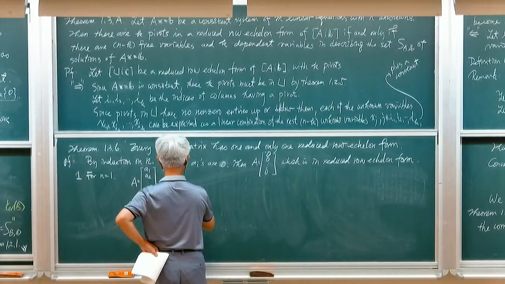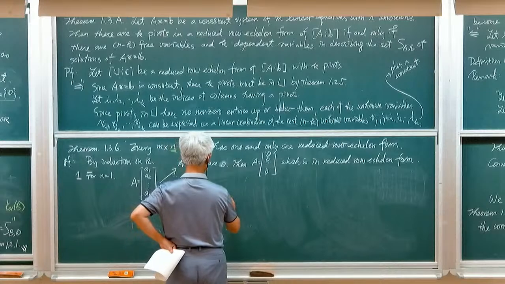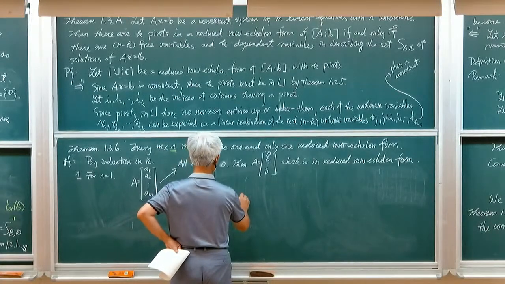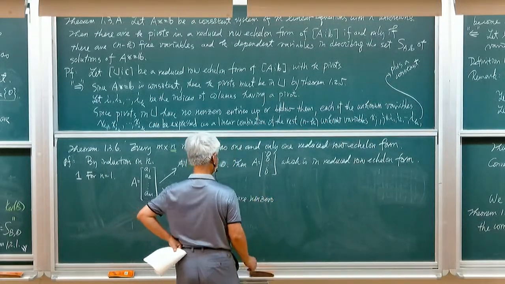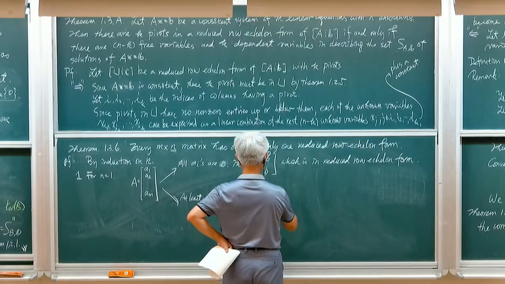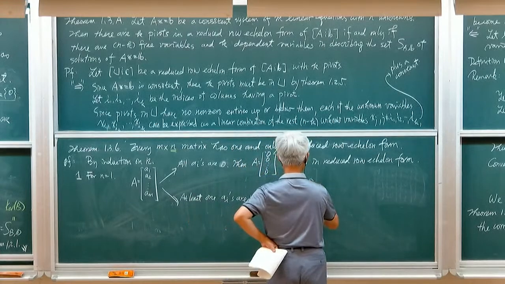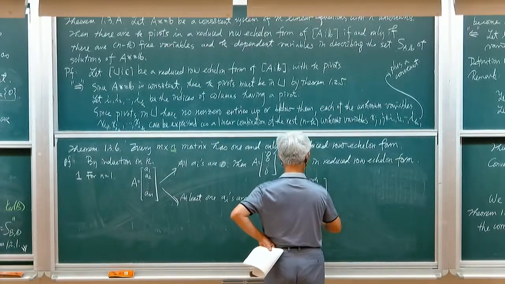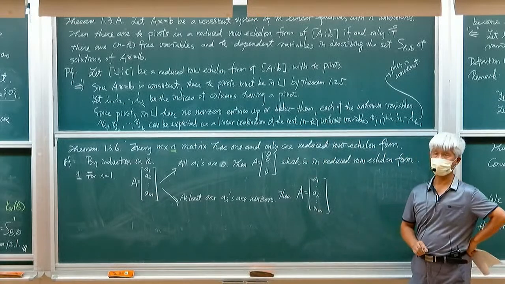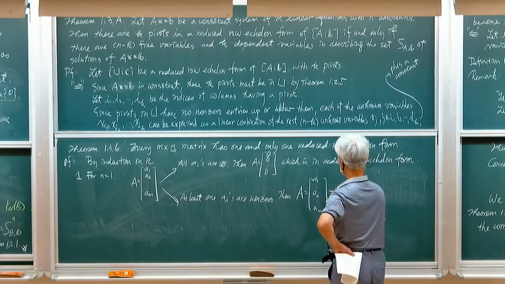Second, at least one of the a_i is non-zero. Then we can do the row operations.